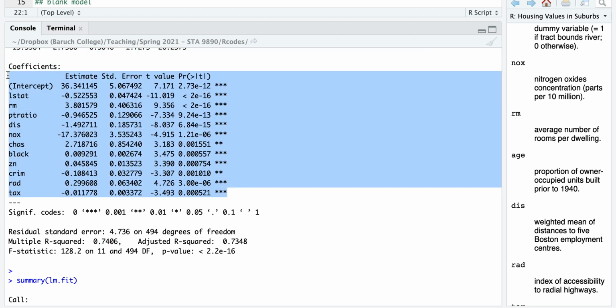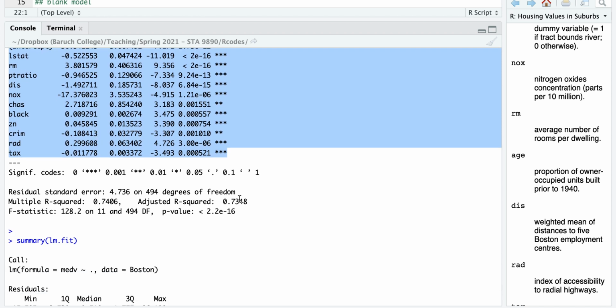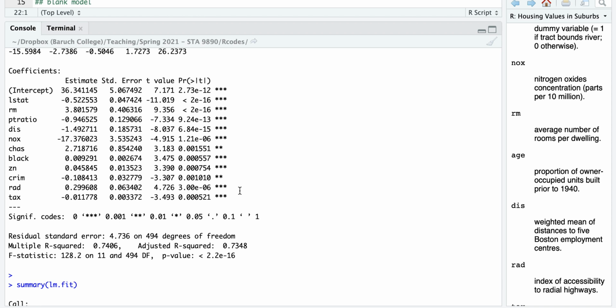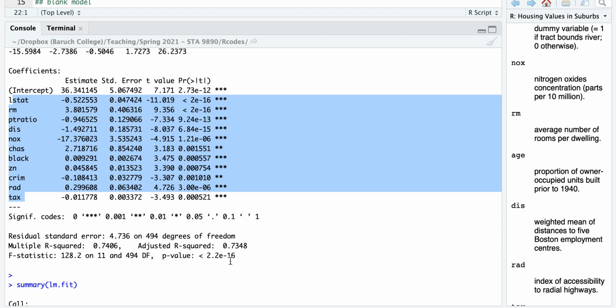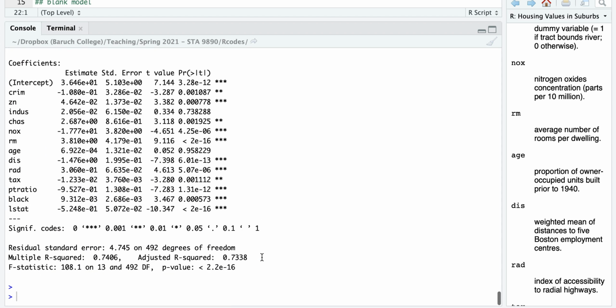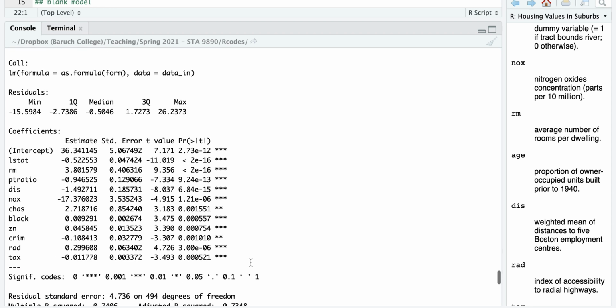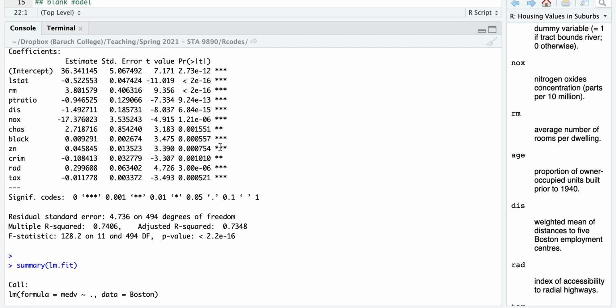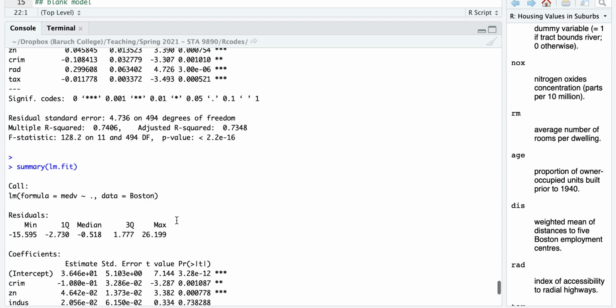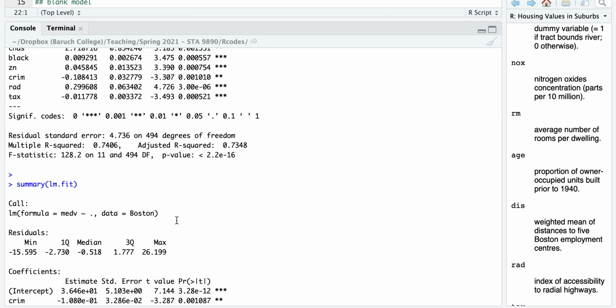So how can we take that into account? Adjusted R squared takes the number of variables into account, and the adjusted R squared for this one is 0.7348, and for this one is 0.7338. So the adjusted R squared for the smaller model is actually larger, which is evidence in its favor. So just another way of looking at this.